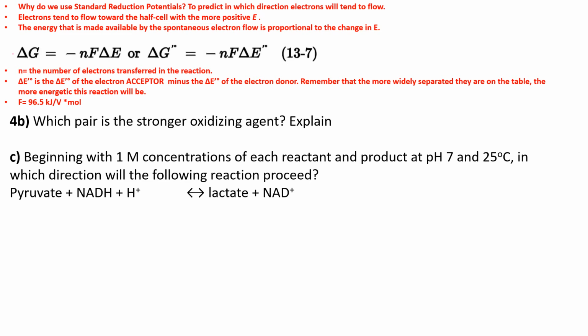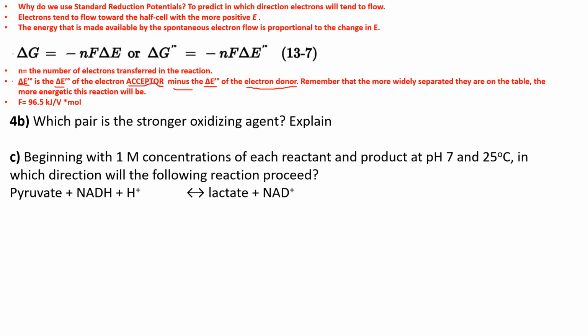The little n is equal to the number of electrons transferred in the reaction. So the standard reduction potential change here is the standard reduction potential of the electron acceptor minus the standard reduction potential of the electron donor.